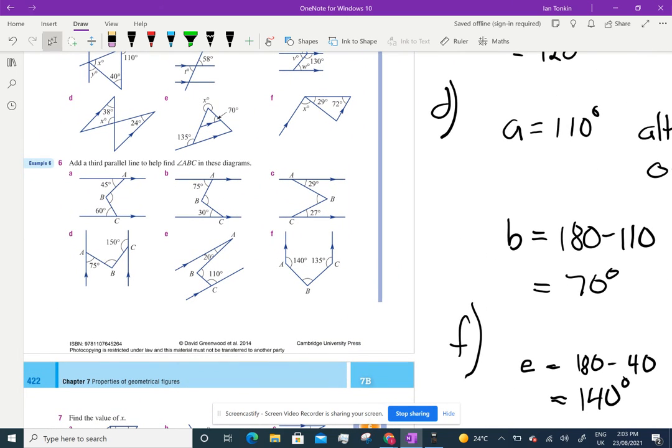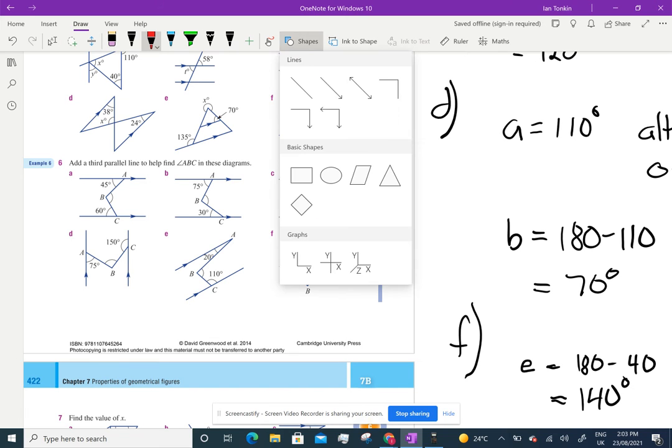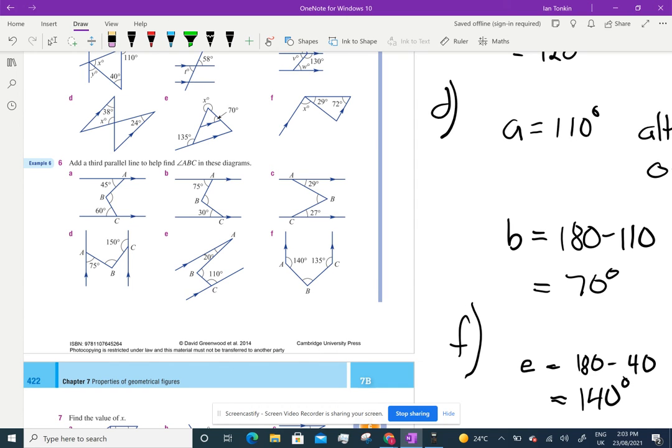Now to do 6, you're going to need to do some construction. So I'm going to show you what to do. I'll do the first one with you. When you look at 6, you've got that angle in the middle that you've got to try and calculate.